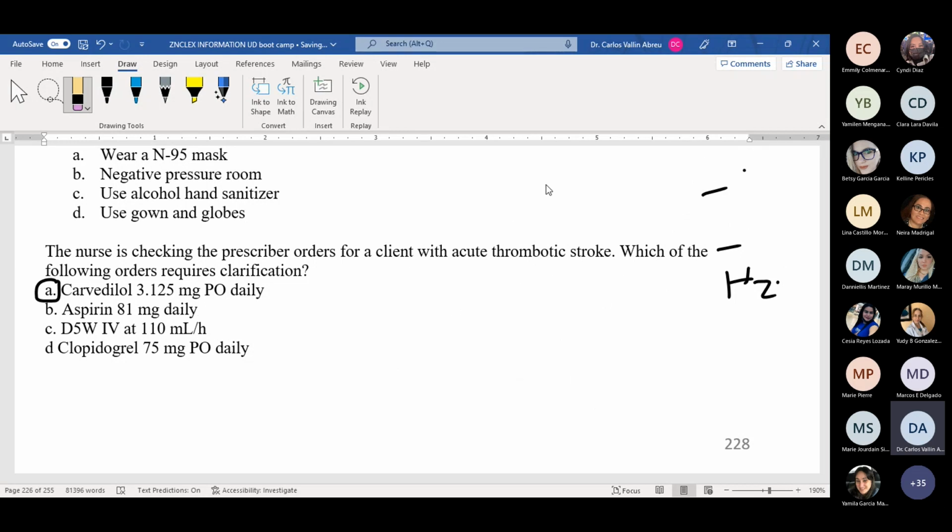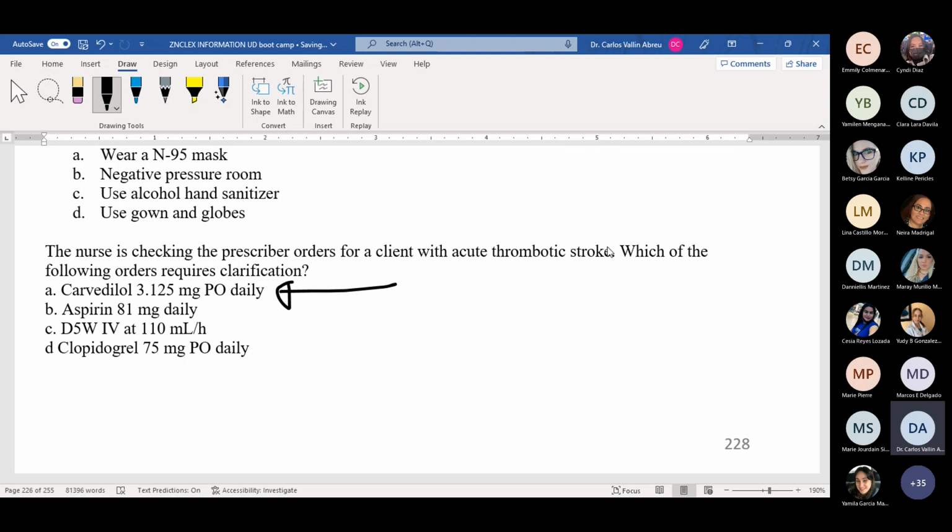Hydrating a person with pure D5, dextrose in water without sodium chloride, is going to induce hyponatremia and brain edema. So it's very concerning, this indication of only D5W IV for the hydration of the client. In reality, I don't see a contraindication to using a beta blocker, because maybe the patient has a cardiac problem or a hypertensive problem.